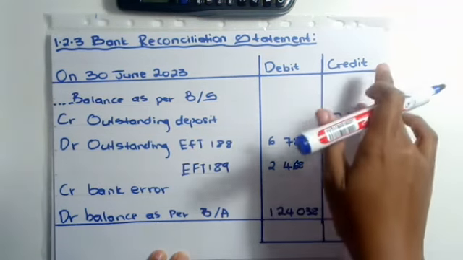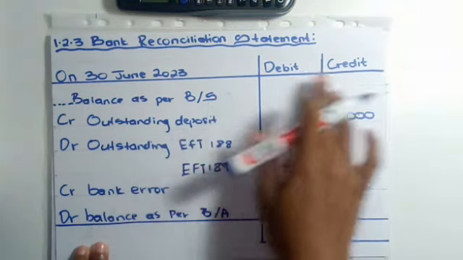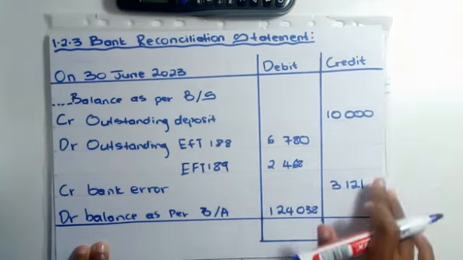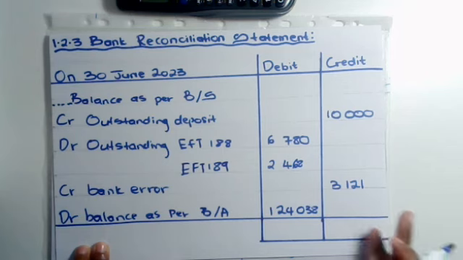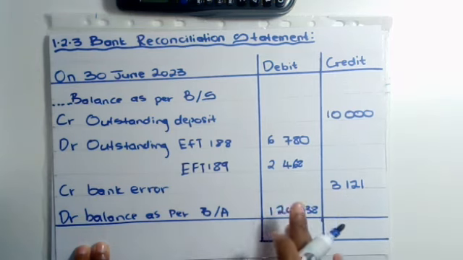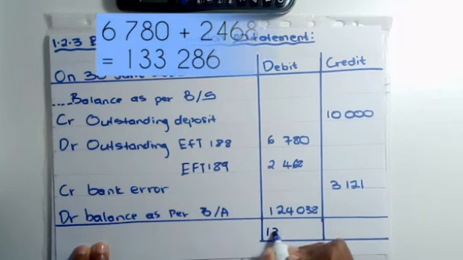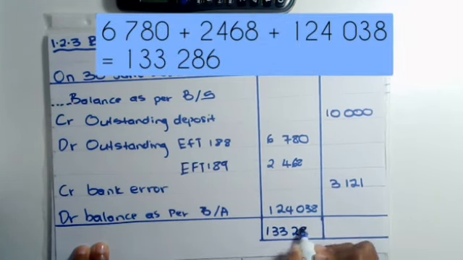So that means we will have to add in here, which means automatically our bank statement will go on the credit side, because you can see in here we have only two amounts. They make 13,121, whereas in here we have a total of, when you put it in your calculator, 133,286.